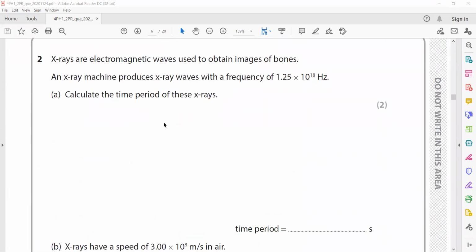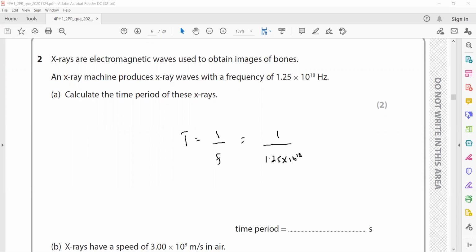Next question. X-rays are electromagnetic waves used to obtain the image of bone. An X-ray machine produces X-rays with a frequency of 1.25 times 10 to the power 18 Hz. Calculate the time period. Time period and frequency are reciprocal to each other. So T is equal to 1 divided by f. So 1 divided by 1.25 times 10 to the power 18.